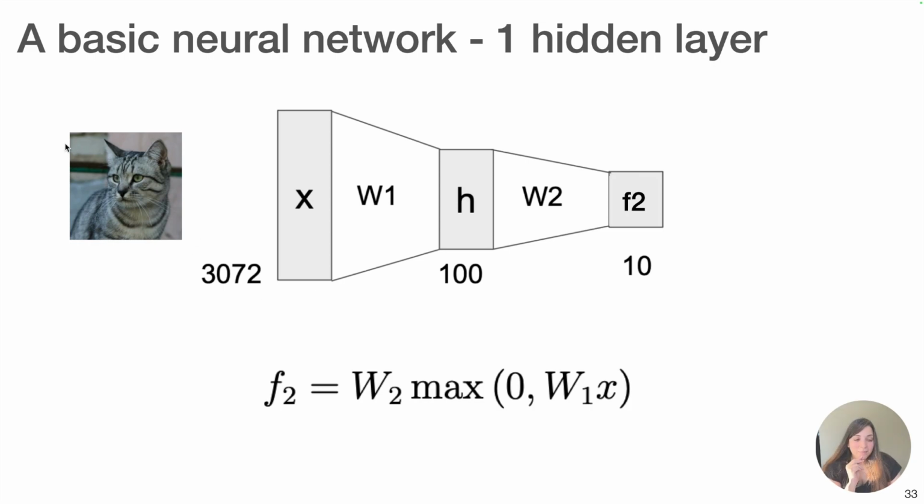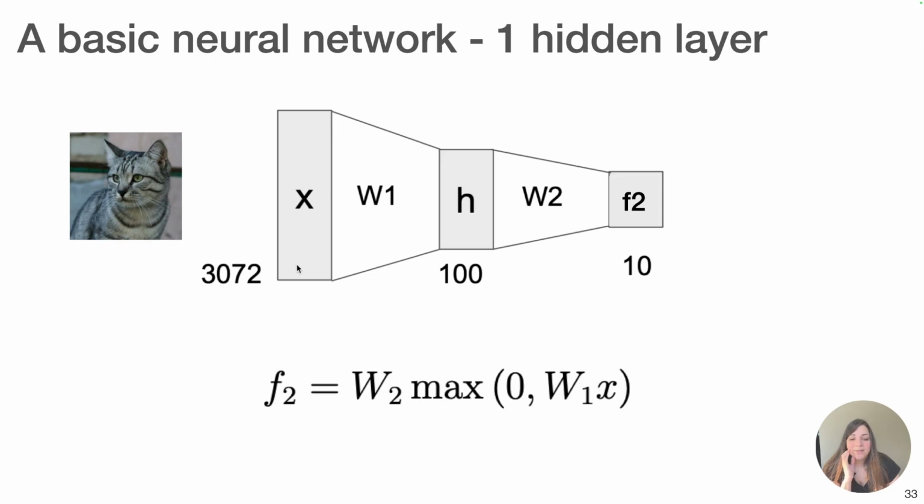Imagine that this is an image from the CIFAR10 dataset, which has 32 pixels by 32 pixels, for example, and then 3 channels, and that would actually come up to 3072 elements. So you can unroll all those pixel values and put them into a vector of dimension 3072. And this is the input to your network.